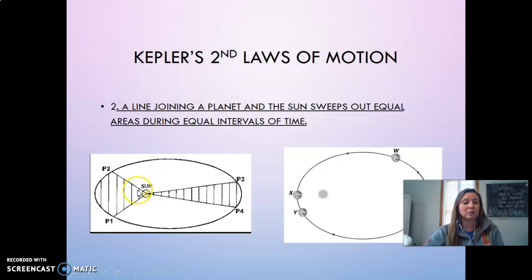It causes us to have different seasons, even in the northern hemisphere versus the southern hemisphere. So once again, Kepler's second law states that a line joining a planet and the sun sweeps out equal areas during equal intervals of time. So this Y to X and W to Z are the same, even though we can definitely see that this distance is much further out.